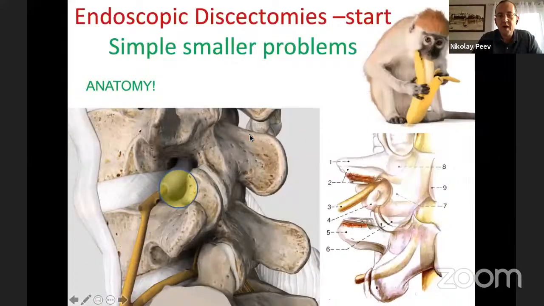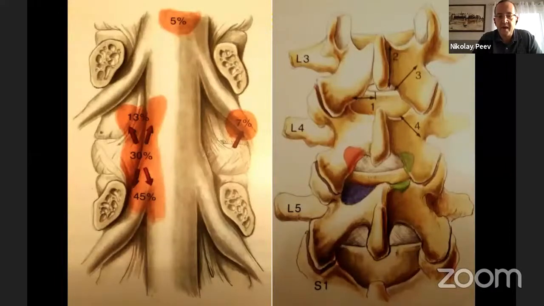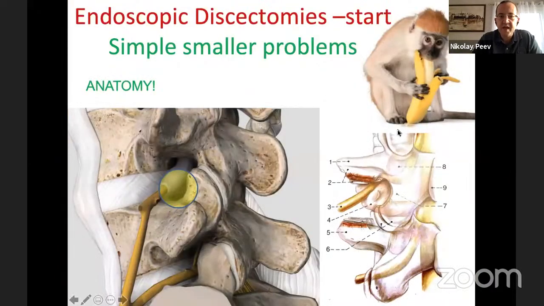Unfortunately, when we are talking about the endoscopic surgeries, we are on the other side of the facet. And I'm saying unfortunately because this is not a standard training. This is not something that we will be exposed to so much during our training, and this is why it is difficult for many of us to start this new technique.